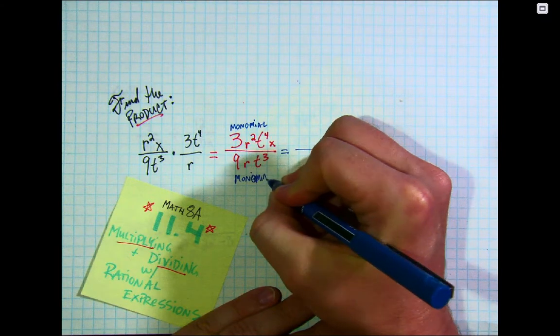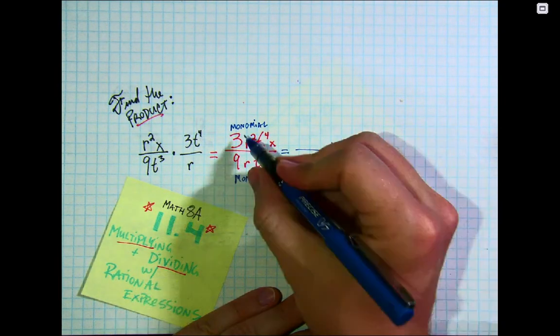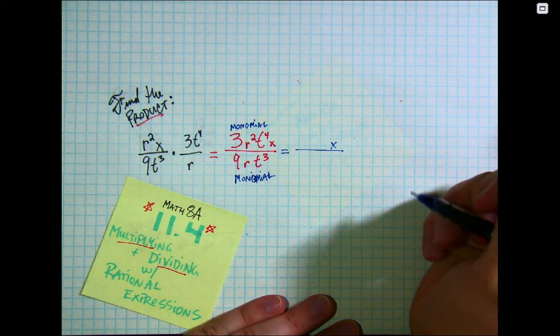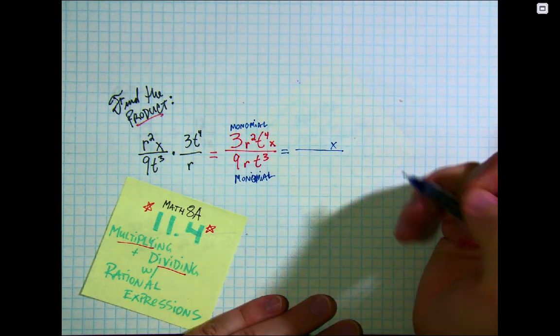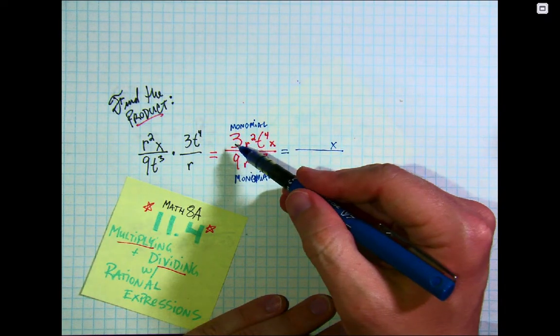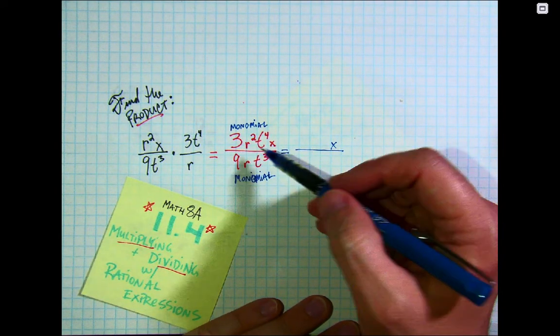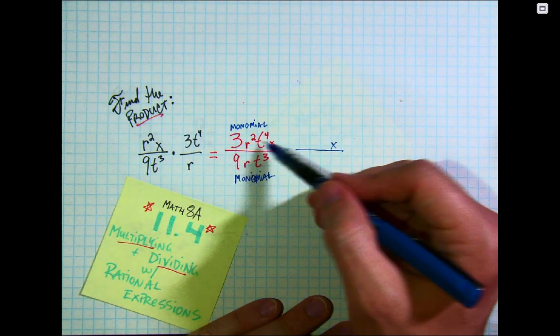So when you have just a monomial over a monomial, there's no pluses or minuses, sums or differences here. It's not like you got a part of a binomial canceling with a part of a trinomial. It's just some products that are all getting smashed together.